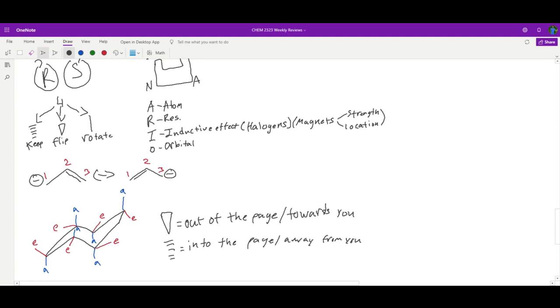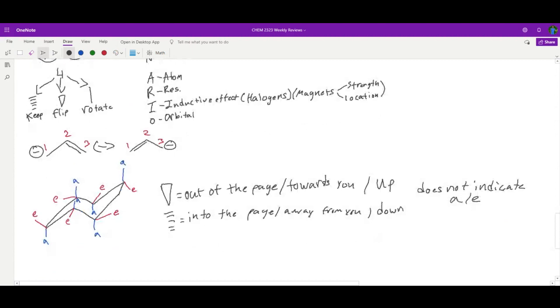It also means basically up and down. What it doesn't mean is that it does not indicate axial or equatorial. So you can have a wedge that is both axial and equatorial.